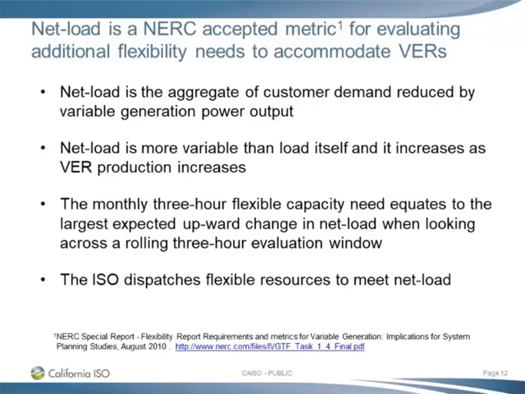So what we do, and almost all the ISOs and balancing authorities today, is dispatch dispatchable resources to meet net load. Another thing that we do when we meet net load is we try to minimize curtailing renewables. So we find the cheapest, most efficient units in-house and out of state to serve that net load in real time.